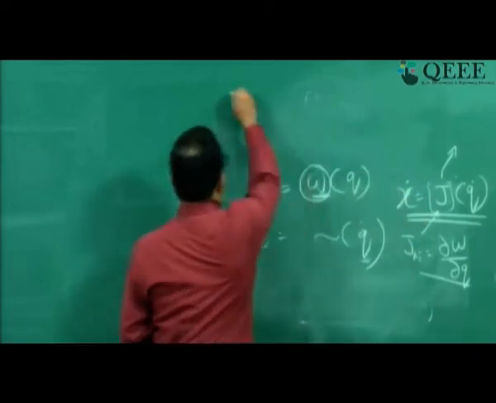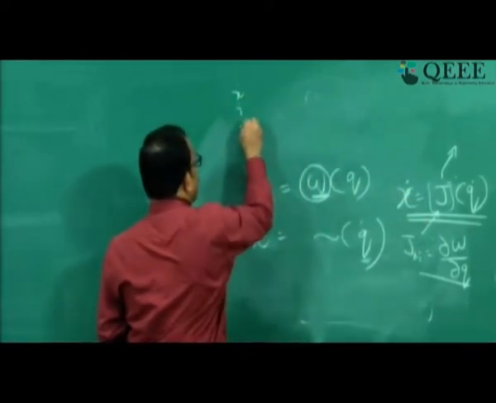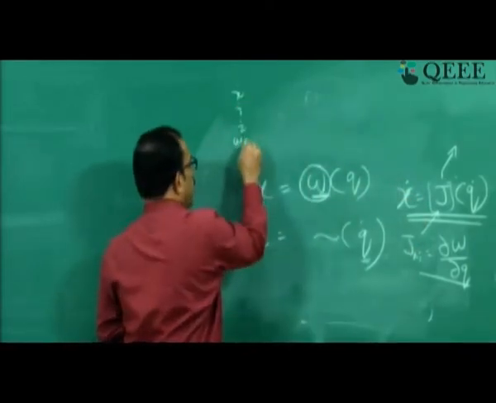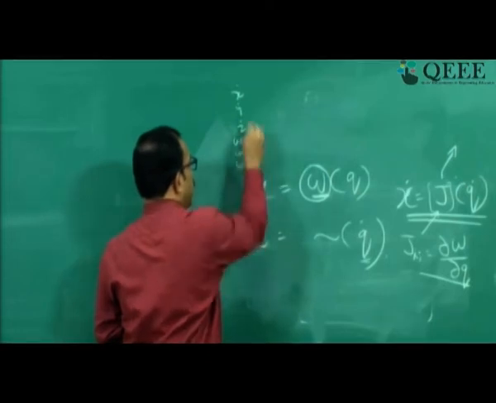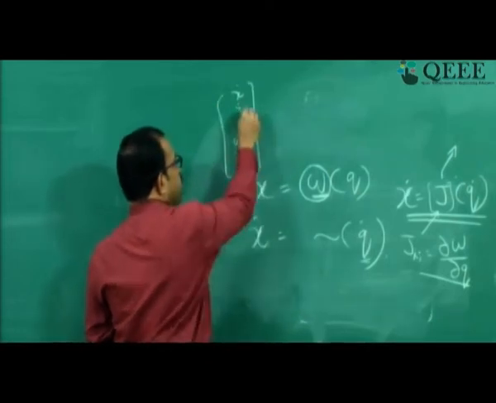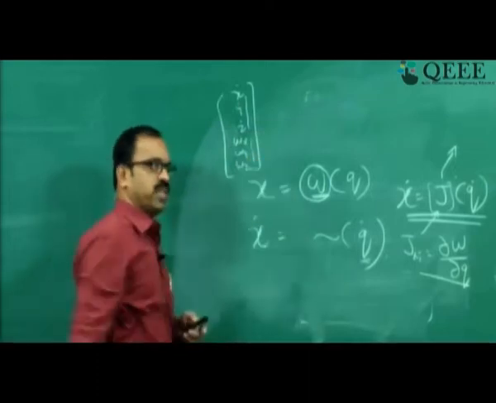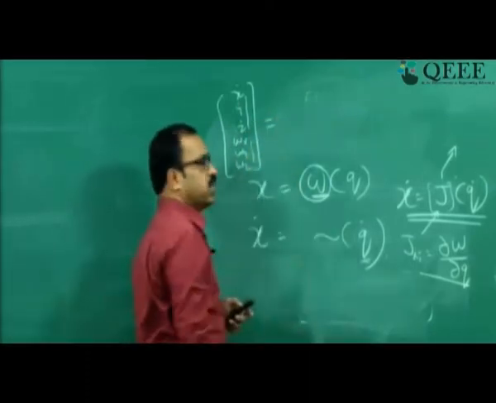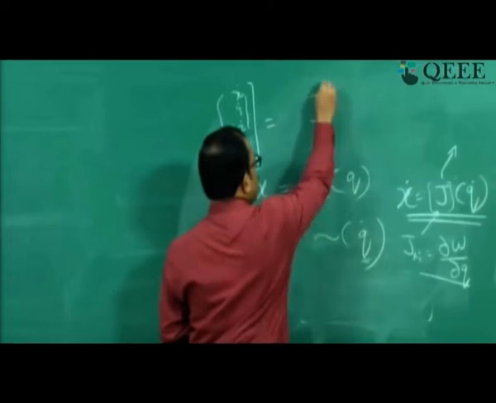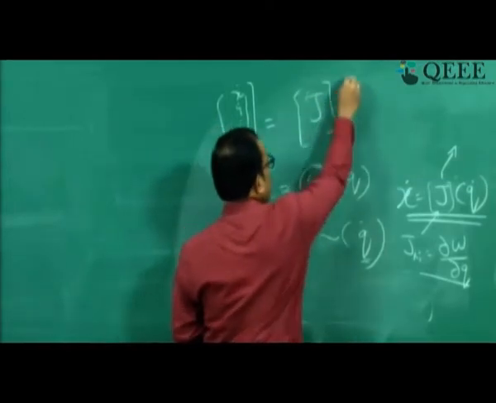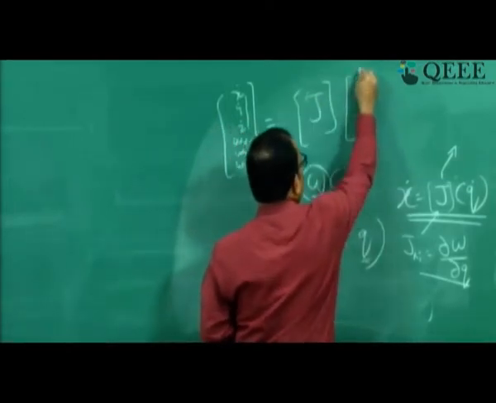You have x dot, y dot, z dot, and you have omega x, omega y, and omega z. That is, you have the linear velocity and the angular velocity, and that is related through a Jacobian matrix J multiplied by q1 dot etc.